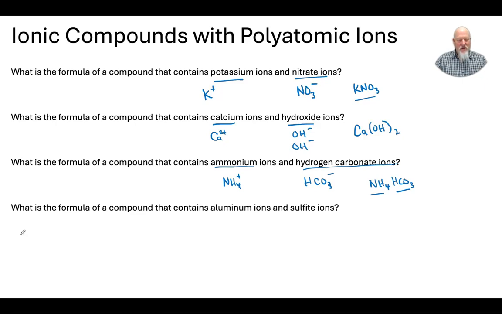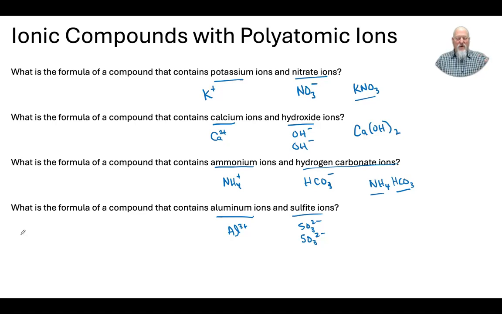Okay, last one, aluminum ions and sulfite ions. So aluminum ions are Al3+, and sulfite ions are SO3 2-. Okay. So I've got 3+ and 2-. If I put those together 1 to 1, I'm going to have more positives than negatives. So I'm going to add another negative ion, which is the SO3 2-.